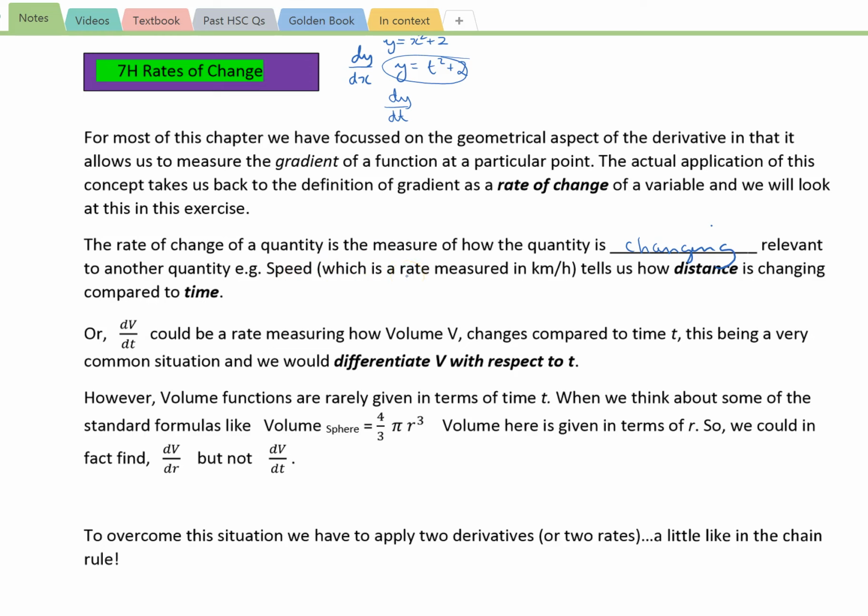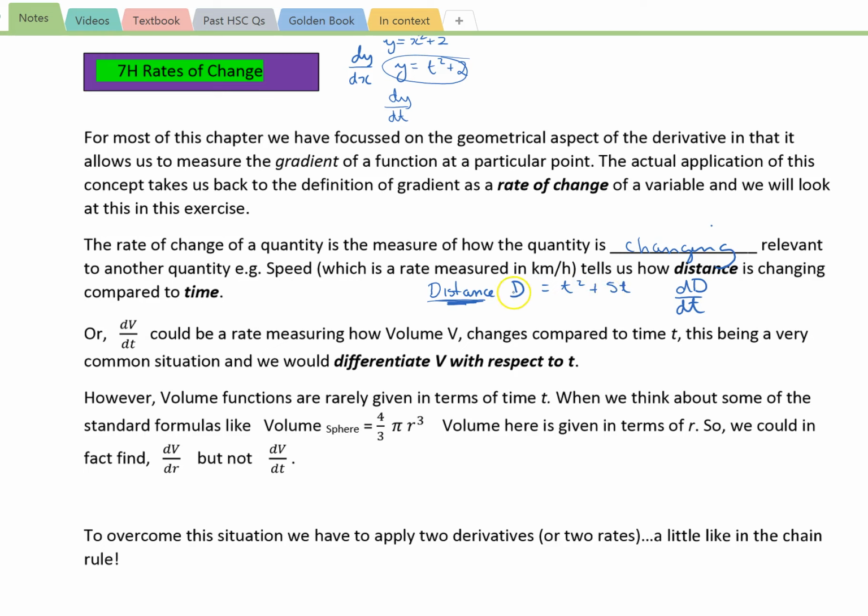If, for example, I had an expression about distance, the distance travelled is the time squared plus 5 times the time.